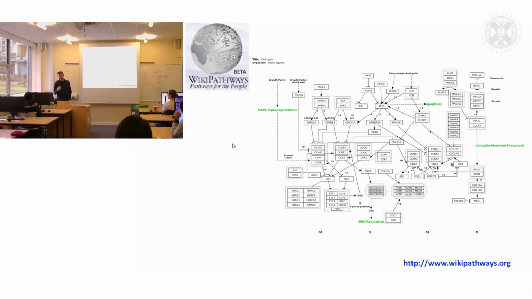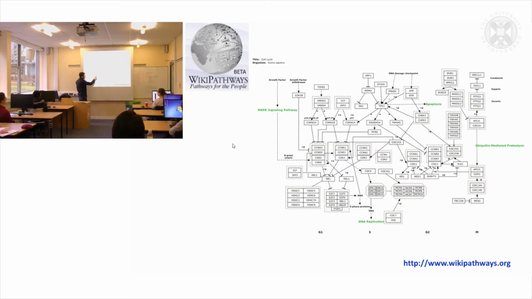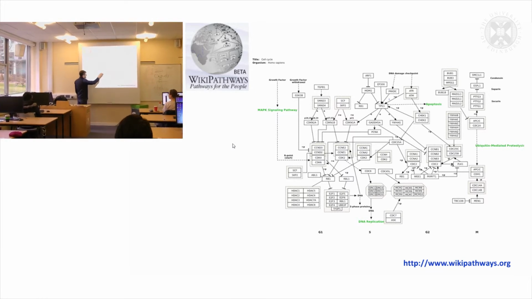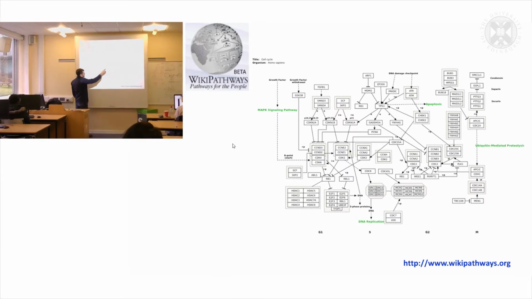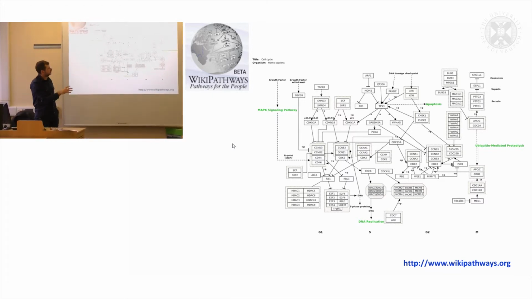Unfortunately, I would argue that this has not necessarily been achieved in terms of WikiPathways. Again, their notation system is very limiting to what you can represent. If you want to represent a complex, you draw it together like that, and then you've got all of these inhibitions coming in here.